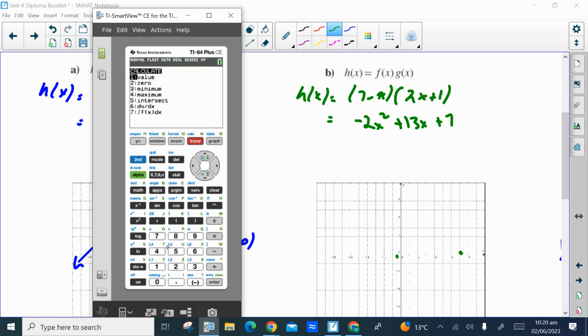Second function trace, number 4 for maximum. I'll put my left boundary at 0, my right boundary, let me try 8 this time, and there we go. So the maximum is at 3.25 comma 20.125.